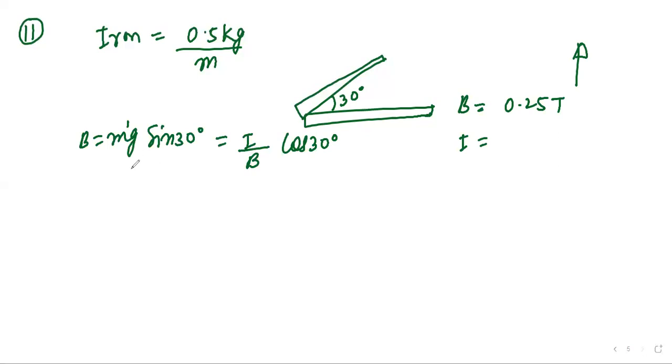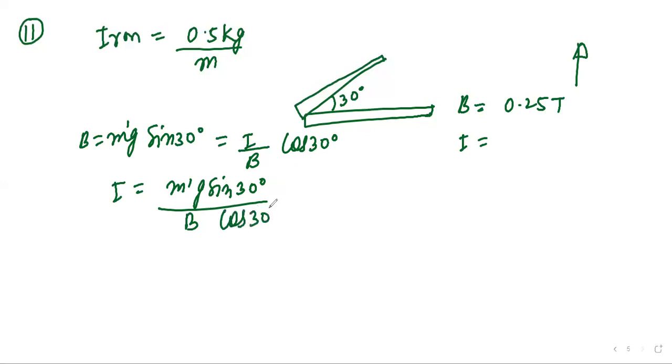So put the value. I we have to find. So I will be equal to m dash g sine of 30 degree divided by B cos 30.